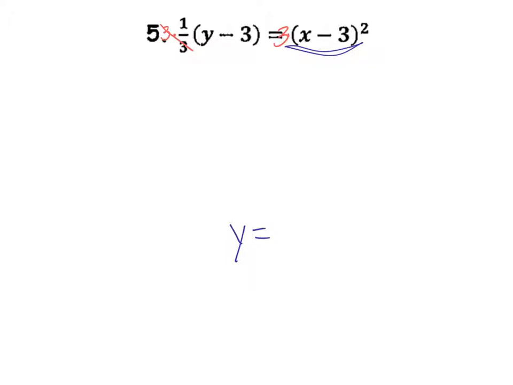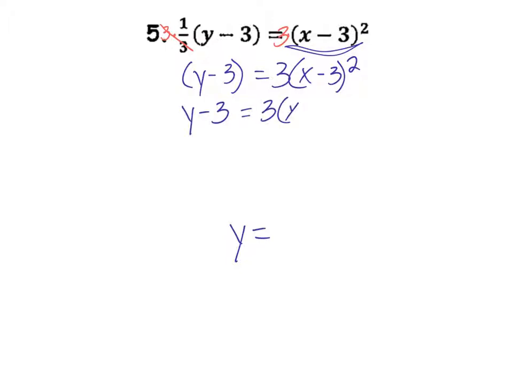So here's what I have. Y minus 3 equals 3, parentheses, the quantity, x minus 3 squared. So I put this y minus 3 in parentheses, but there's no squared or anything, so you really don't need to have it in parentheses anymore. So I'm going to omit the parentheses.